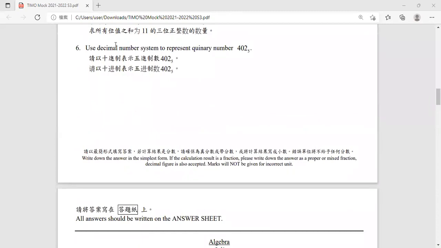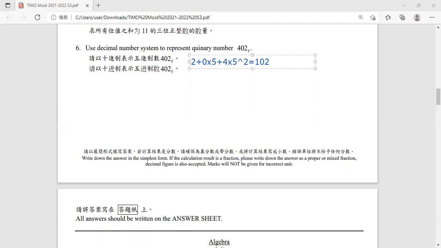This one is easy. You use the place value to go back. So the place value for the 2 is only 2. And the 0 is 0 times, because this is a quinary number, so the 0 means there's 5 times 0. And the 4 means that the place value is 5 squared. It's just adding all this up.